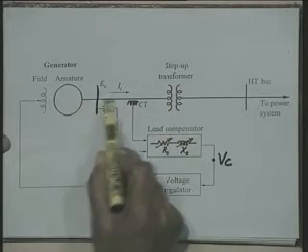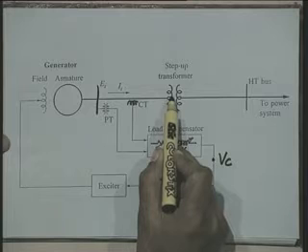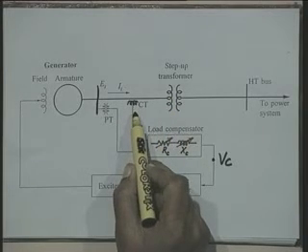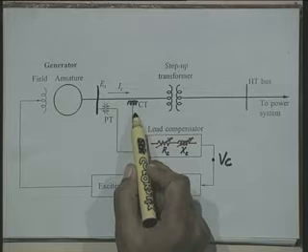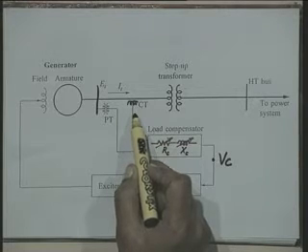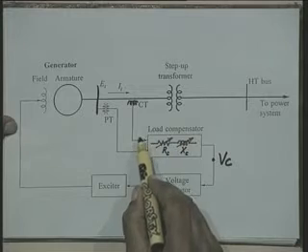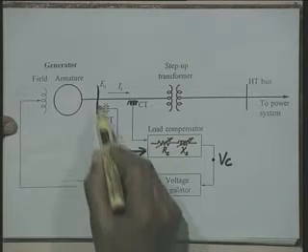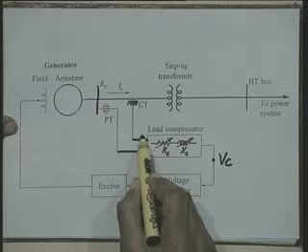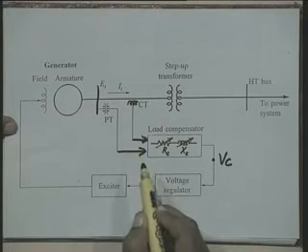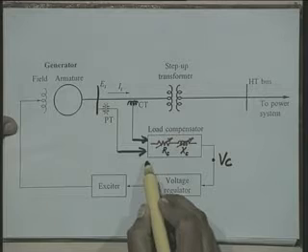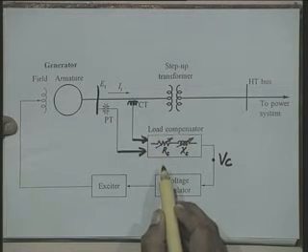In the output of the synchronous generator, you put a current transformer and extract a current proportional to the load current. These two quantities, one proportional to the terminal voltage and one proportional to the terminal current, are fed to a block called the load compensator.